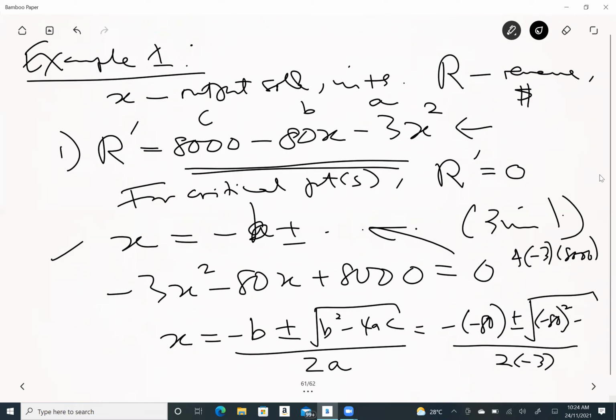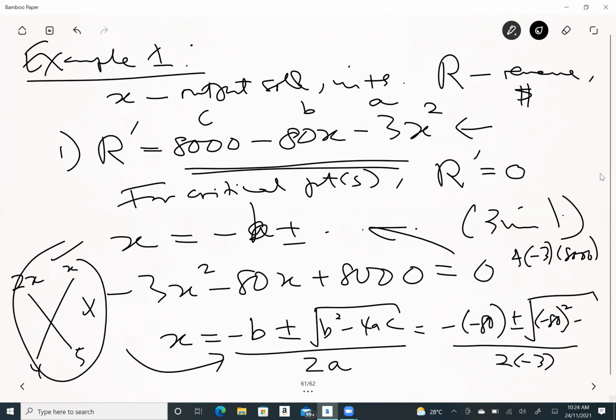Unless you know the simple cross formula, so if you know this, you have your 2x, x. But if we don't know this one, that would be the method. So make sure we know. Don't rely on the calculator.